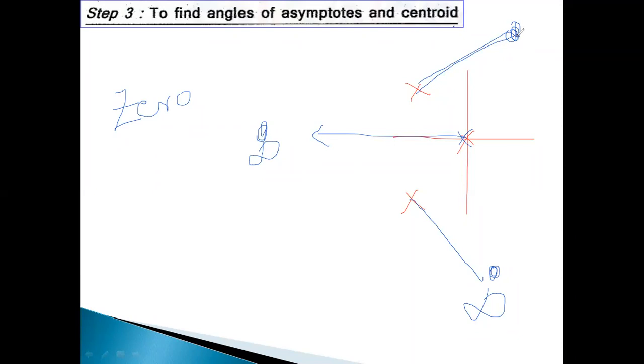Along a straight line asymptote, which means it is tangent at infinity. So the root locus branch travels and reaches the zero along a straight line asymptote. This is called an asymptote. Here is one more asymptote, another asymptote. Along this straight line asymptote, it travels to the open loop zero. Is it clear? This intersection point is called the centroid.